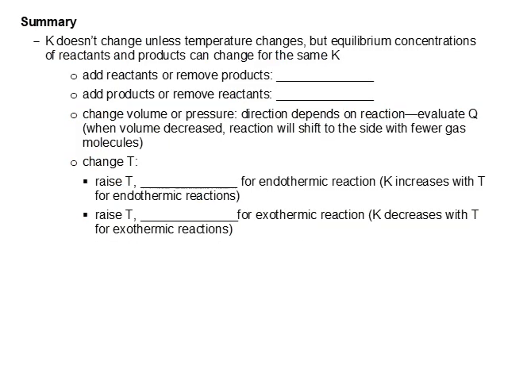Let's summarize what we've learned about Le Chatelier's principle. One of the most important things to remember is that the value of the equilibrium constant K does not change when you change concentrations of reactants or products. It only changes if you change the temperature.